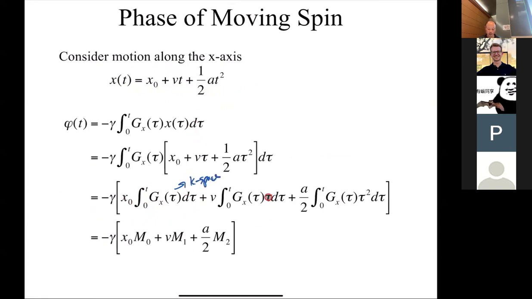But then we get this term here that's related to, see, it's got Gx times tau, the integral of that. This is the first order moment of the gradient. And this is the second order moment. So the phase depends on velocity times the first order moment of the gradients and acceleration times the second order moment.